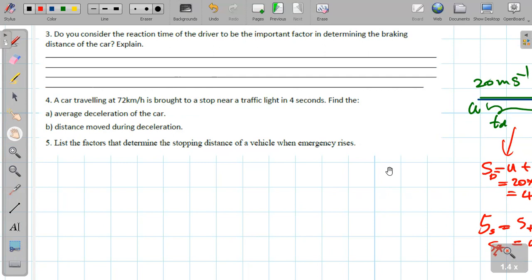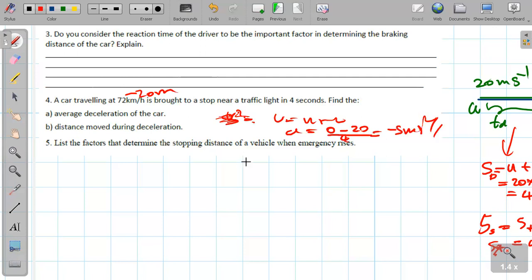Now the fourth one: a car traveling at 20 m/s comes to rest in 4 seconds near a traffic light. Find the average deceleration. Very simple. We can use v equals u plus at, with u equal to 20 m/s. So a equals 0 minus 20 over 4, which is minus 5 m/s squared.